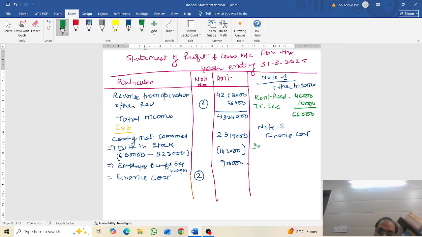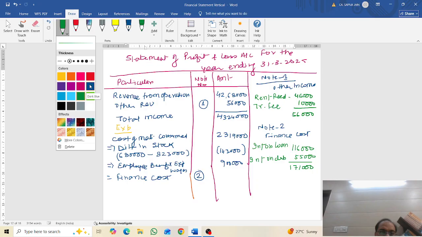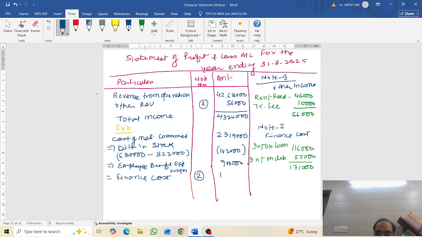Number one is interest on loan, 1,16,000, and second is interest on debenture, 55,000. Then how much total interest? Total interest is 1,71,000. Finance cost is 1,71,000.